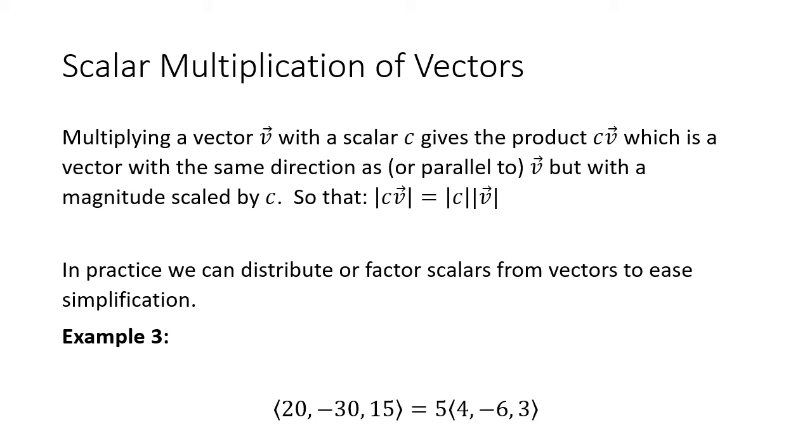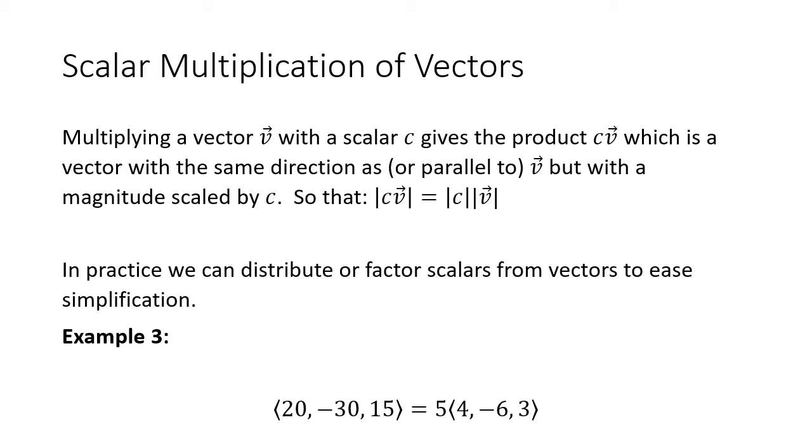Now, scalar multiplication of vectors. We can multiply any vector v with a scalar c, and then the product is just c times v. And what's going to happen is that we have a new vector that's going in the same direction, or is parallel to my vector v, but now its magnitude is scaled by the scalar c.